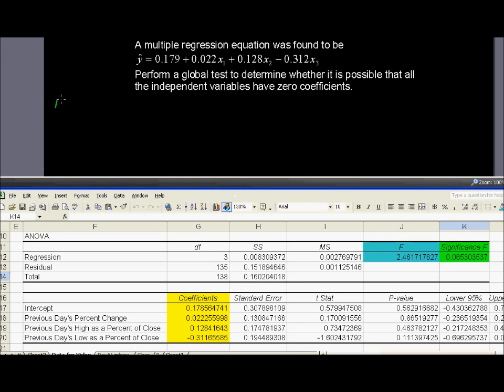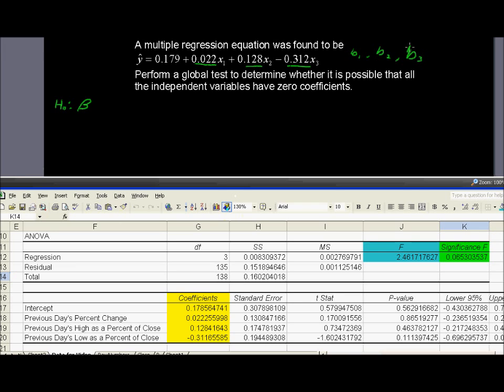And that works with the old null and alternative hypotheses. So with these coefficients, we talked about these as b sub 1 and b sub 2 and b sub 3.